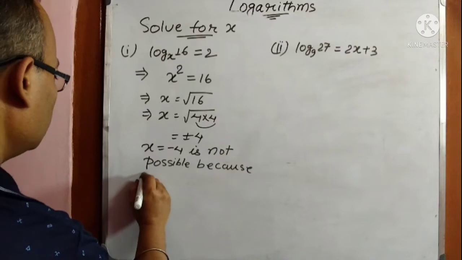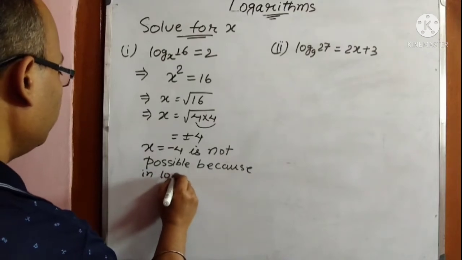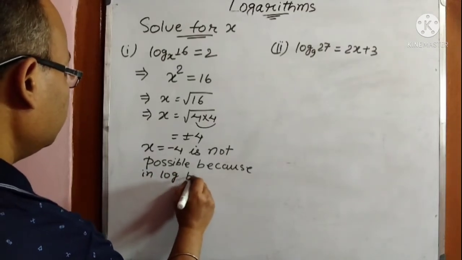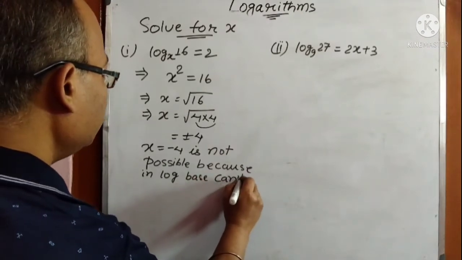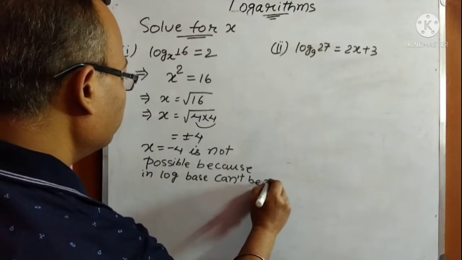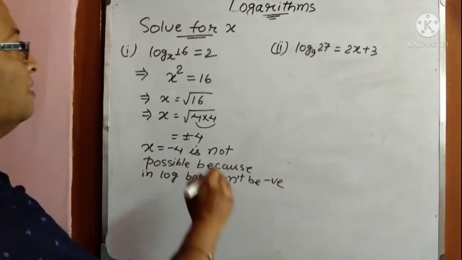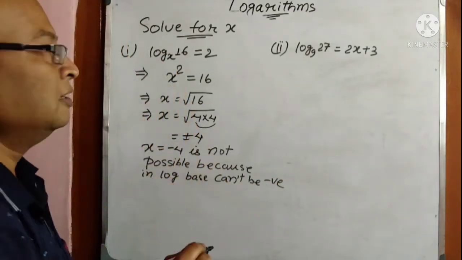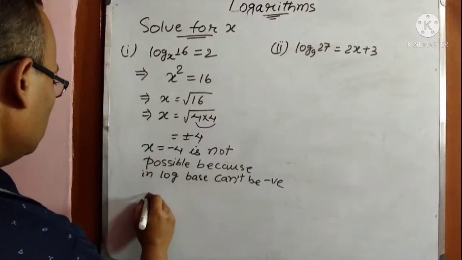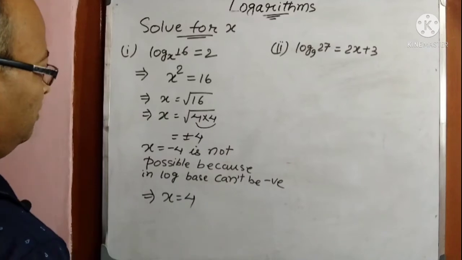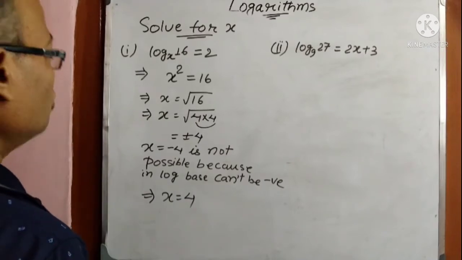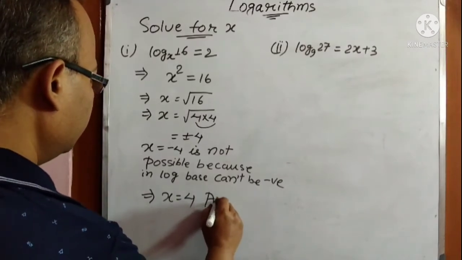So remember this thing: x is base, so it cannot be negative. So the value of x will be positive. So 4 will be your answer.